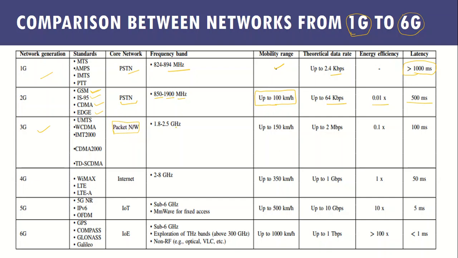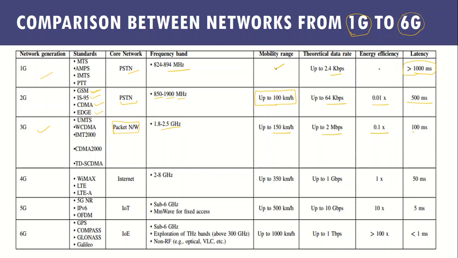The frequency band used in 3G is 1.8 to 2.5 gigahertz, and the mobility range is improved: the user can move while communicating at up to 150 km per hour. The theoretical data rates were up to 2 megabits per second, energy efficiency improved 0.1 times, and latency in 3G was 100 milliseconds.